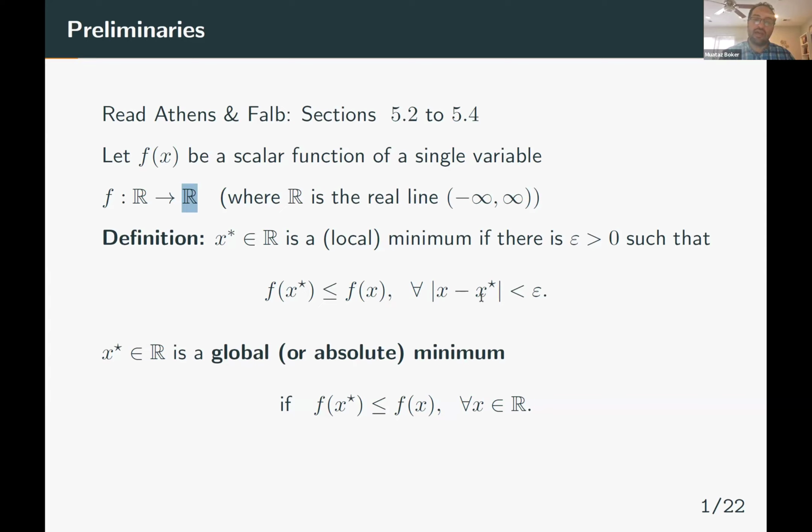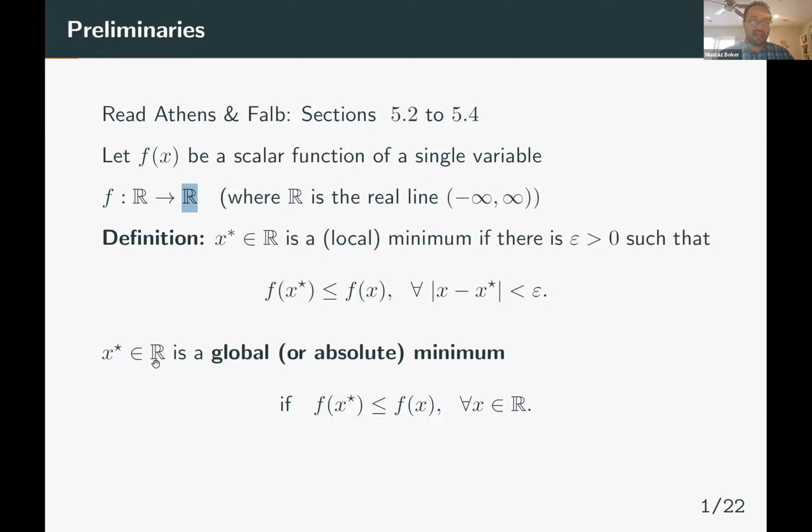So as long as we are near x star, f of x star is less than or equal to f of x, and we say that is a local minimum.